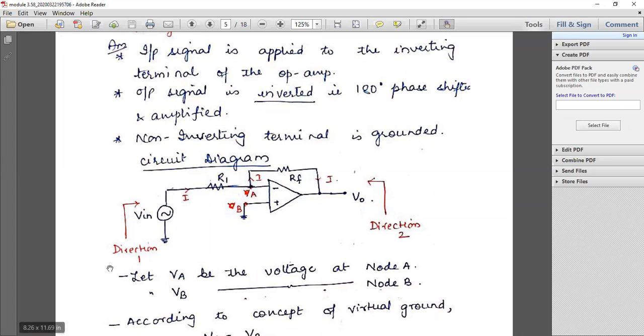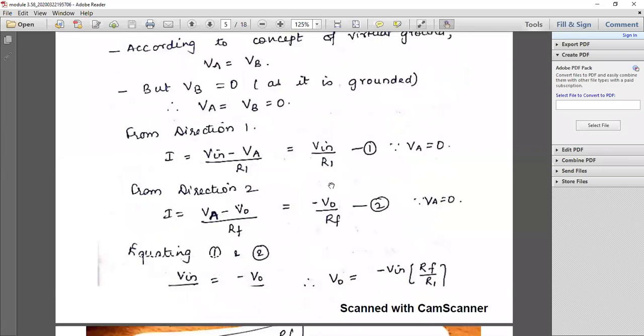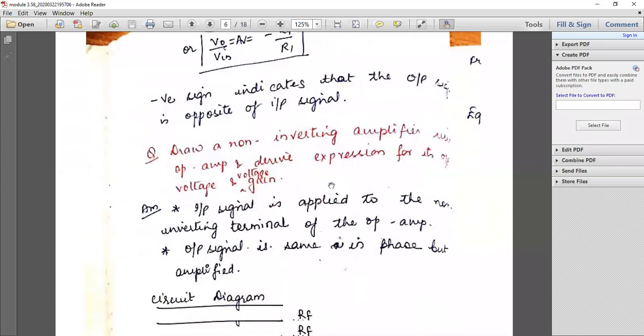So whatever input current starts from the Vin source is forced to go through the feedback path. Because of this, the current entering the op-amp will be nil, so we can write that the input current is the same as the output current.